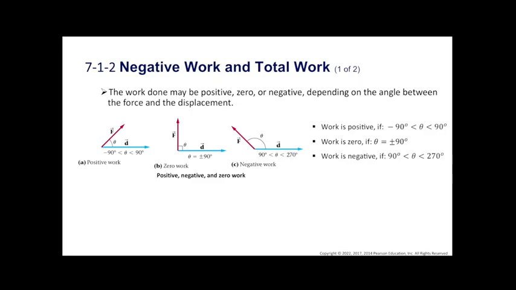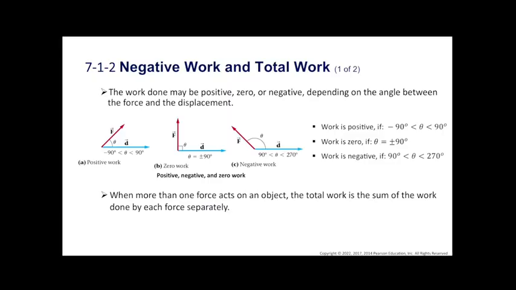And when more than one force acts on an object, how do we find the work? Then the total work is the sum of the work done by each force separately.